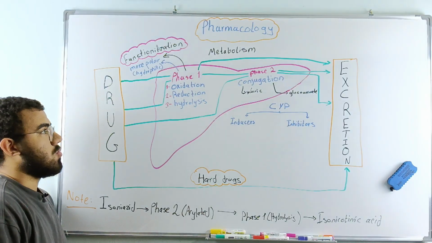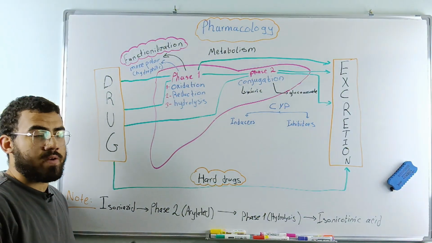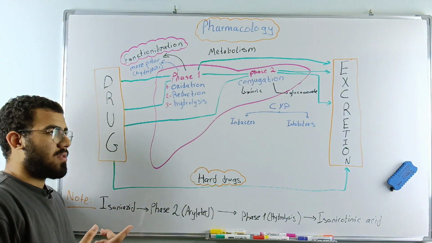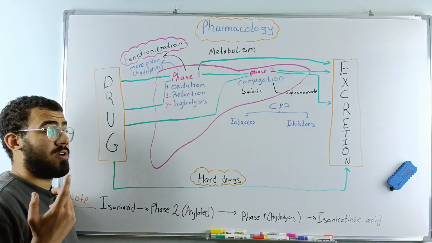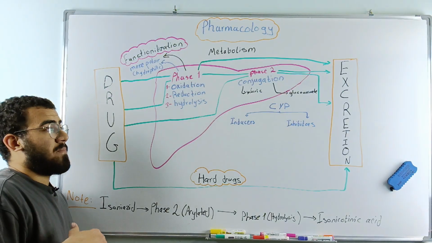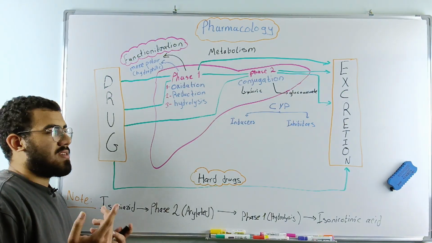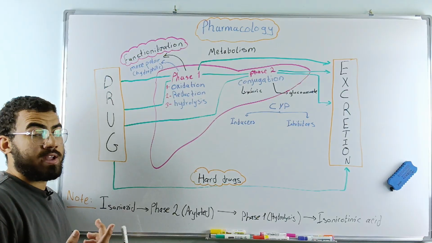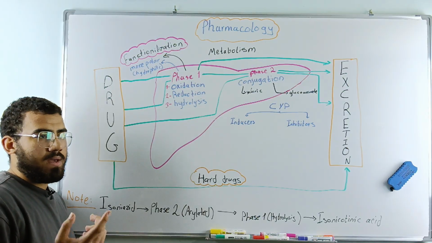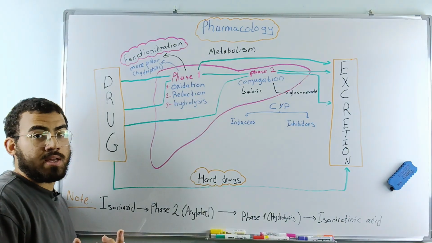Actually, metabolism, which is something that I also forgot to mention at the beginning of this video, does not necessarily mean changing the drug from a toxic form into a safe one after it has done its specific effect inside your body.